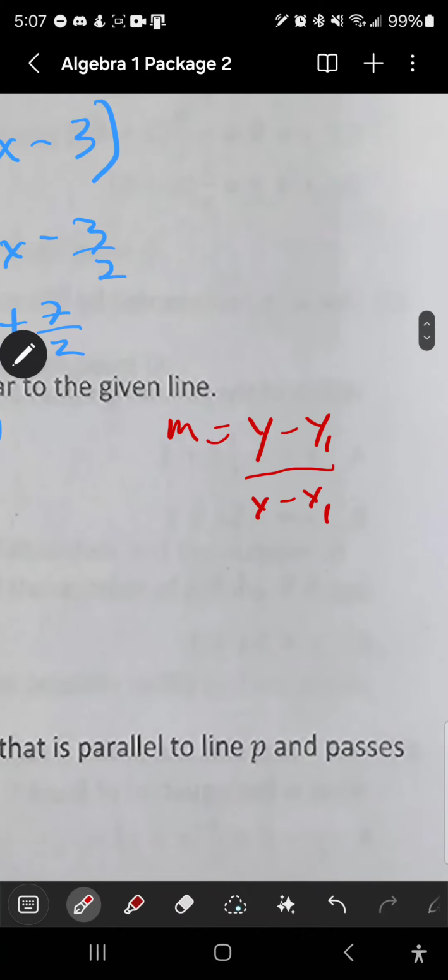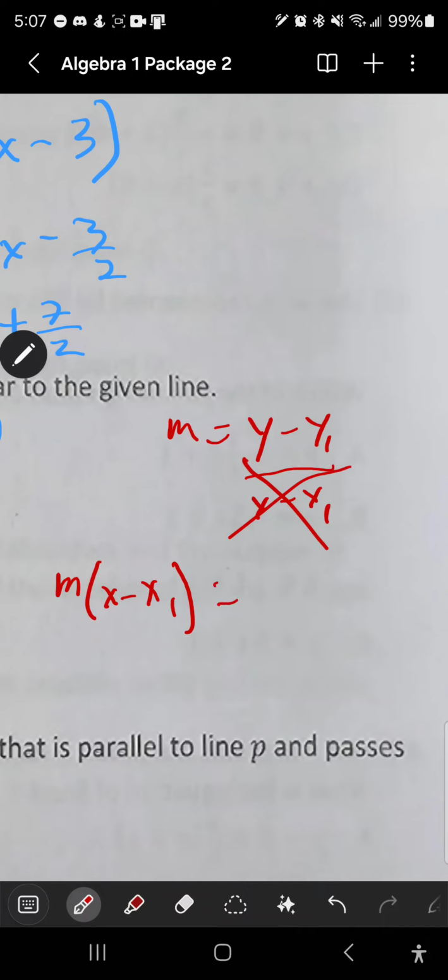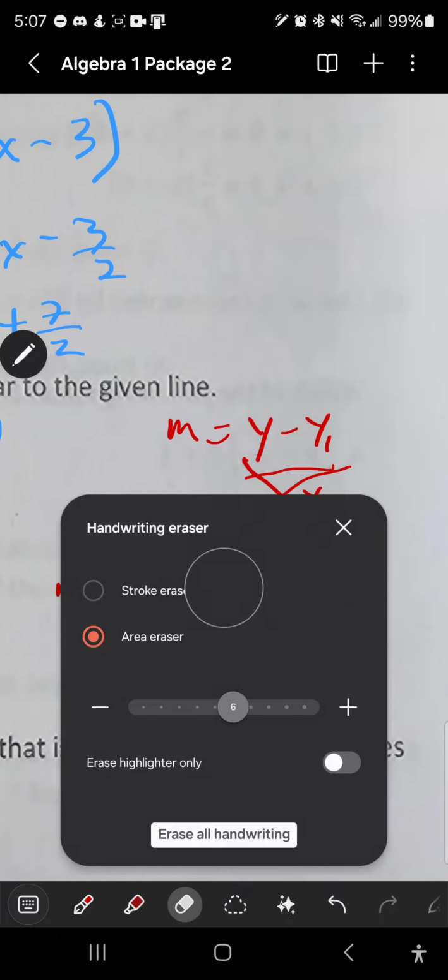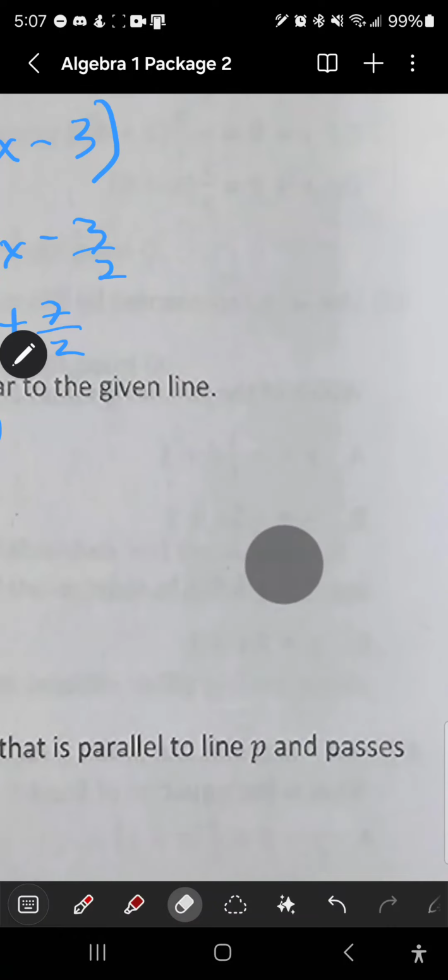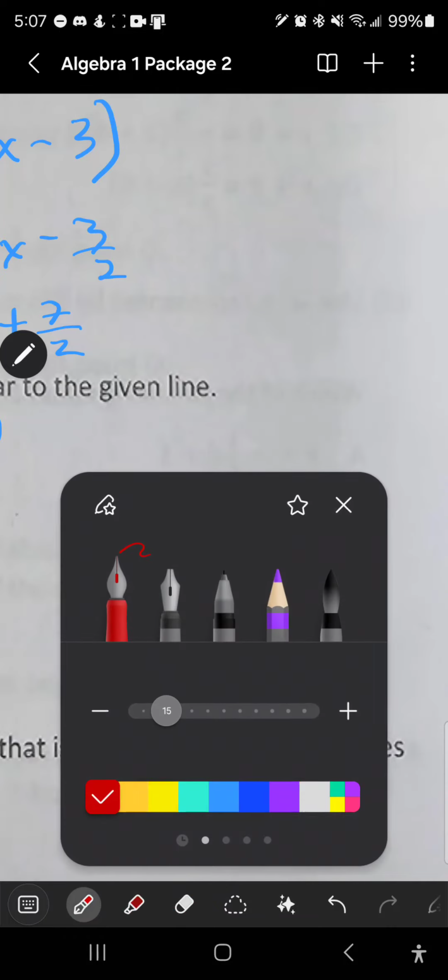If we multiply both sides by x minus x1, we delete it here, and we get m times (x minus x1) equals y minus y1. This is the equation we want to use. So we have that equation, and now we're going to substitute the point we have.